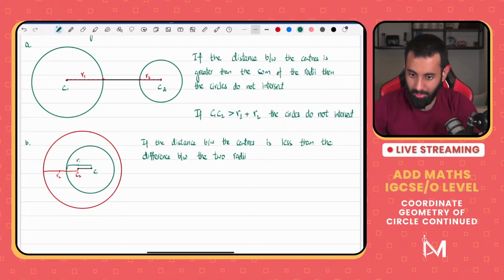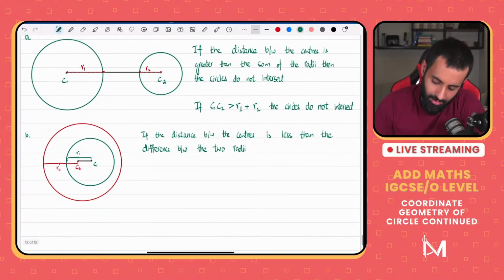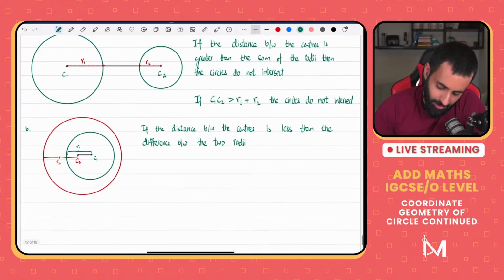Radii, in case you're wondering, is the plural of radius. Then the circles do not intersect.